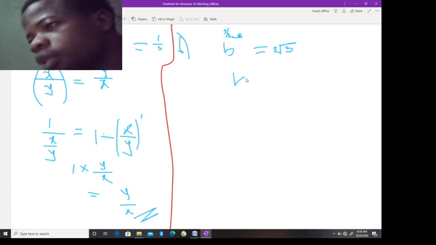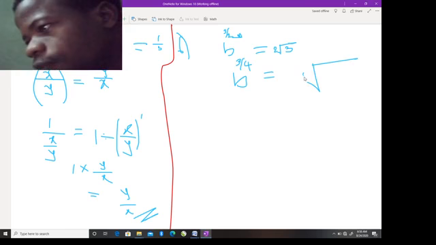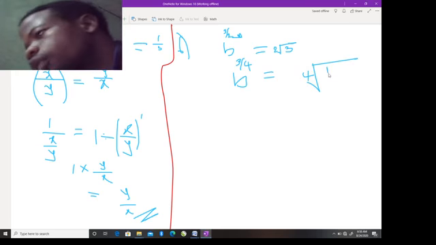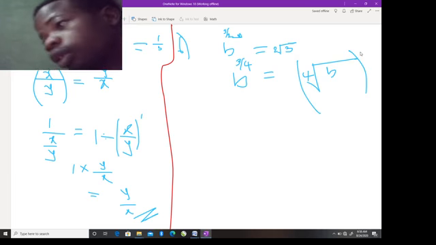So which implies that if you have b raised to the power of 3 over 4, what do you have? You're going to have the fourth root of b raised to the power 3. Do you see that?